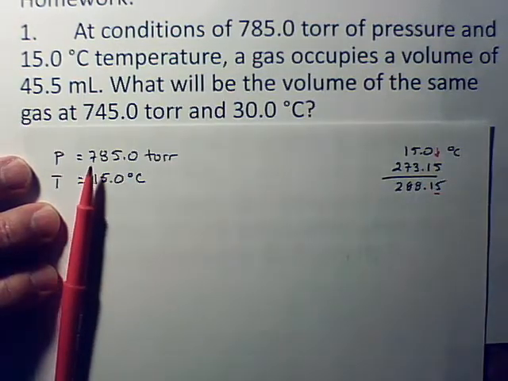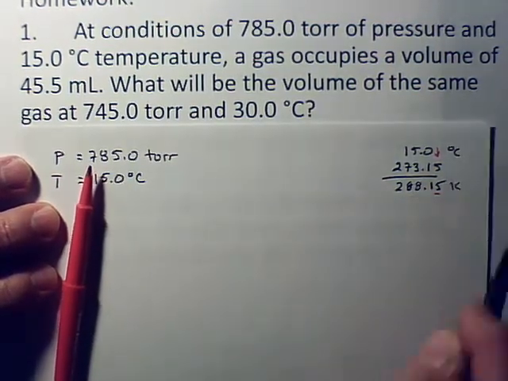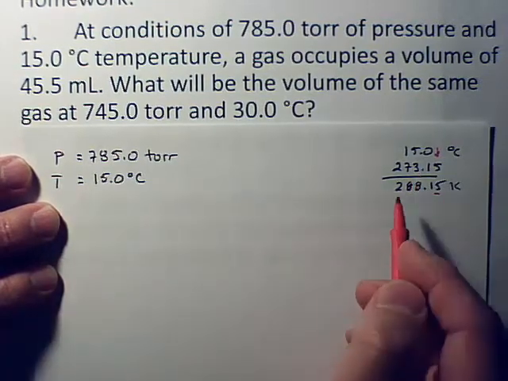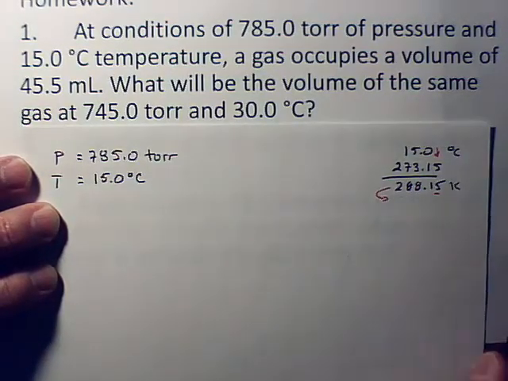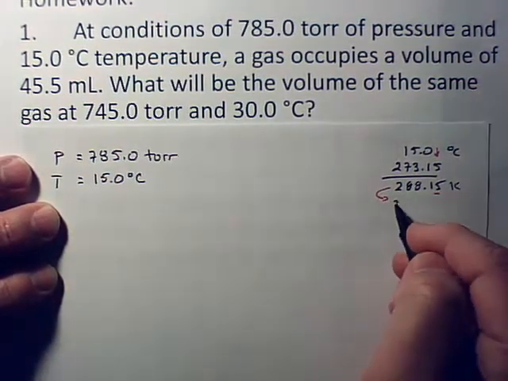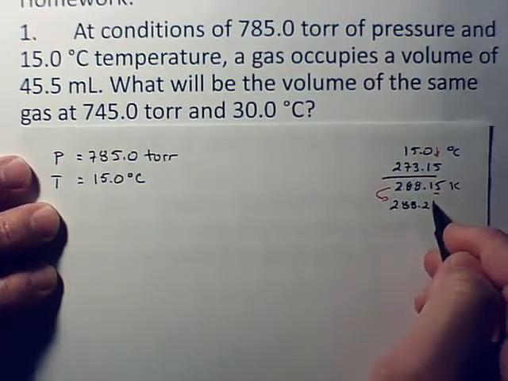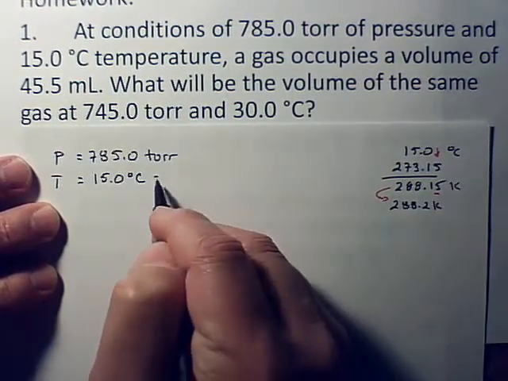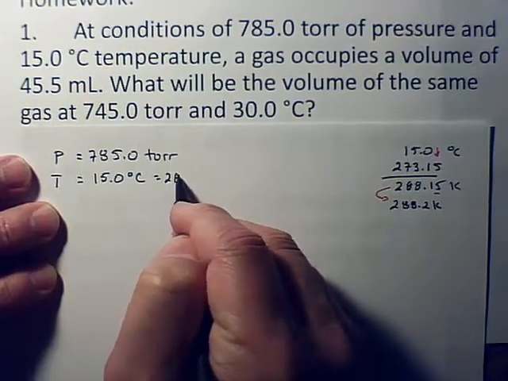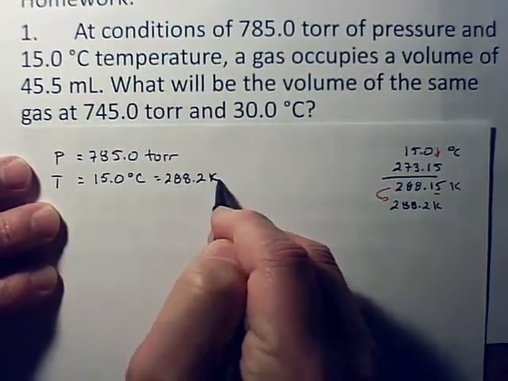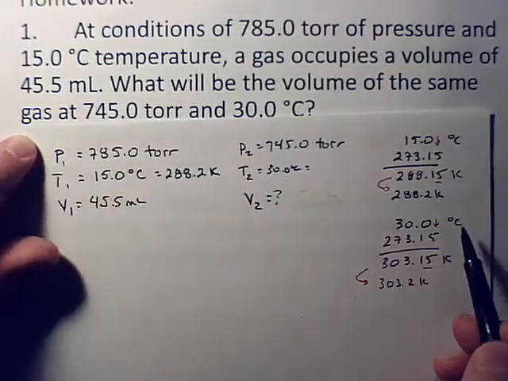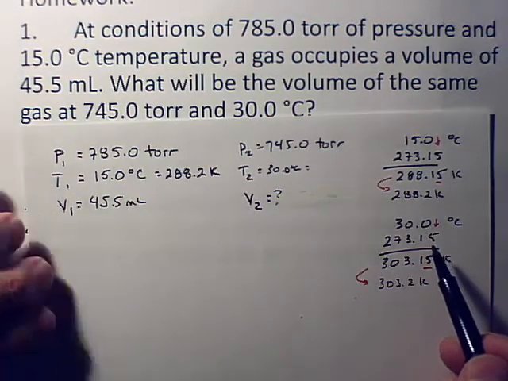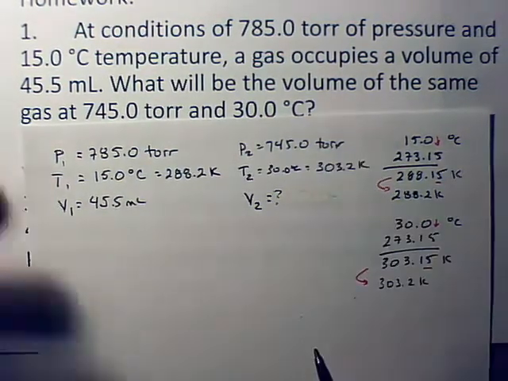Okay. And we want to round that off to get rid of the 5 on the end. So 288.2. That's really the temperature we want to use, 288.2 K. So you just follow this same process, finding the knowns and finding your unknown and making a list.